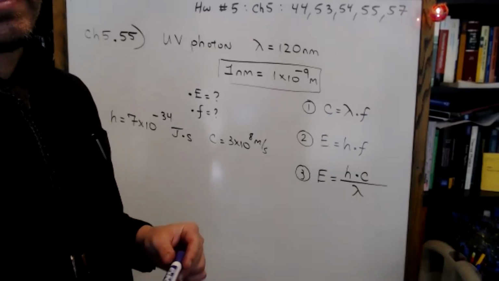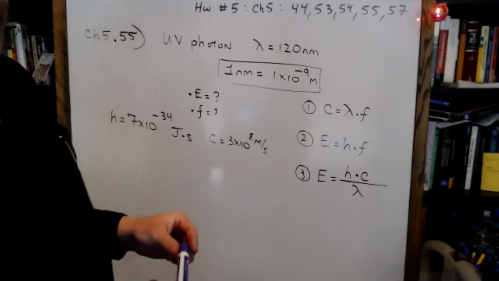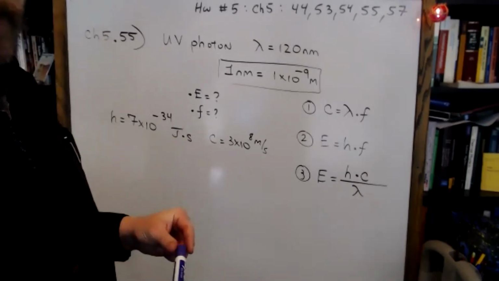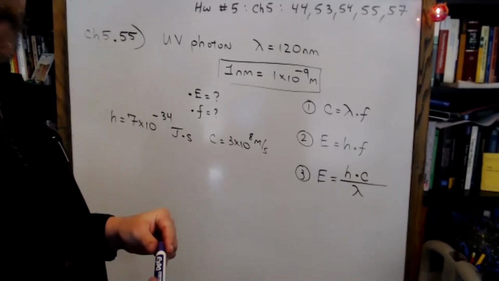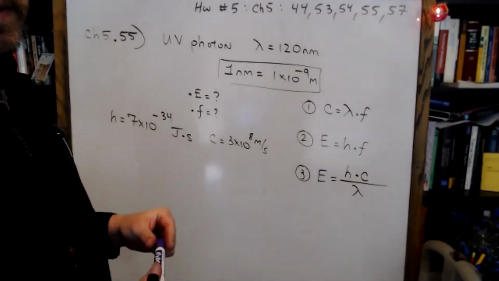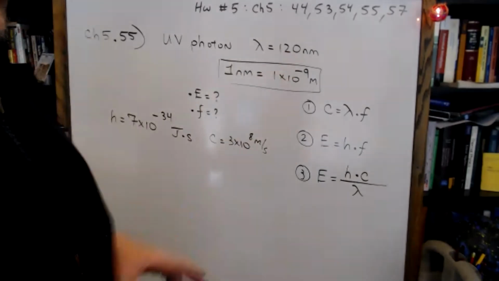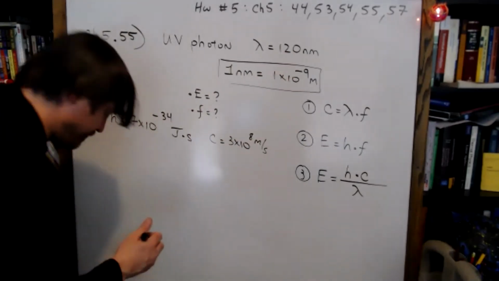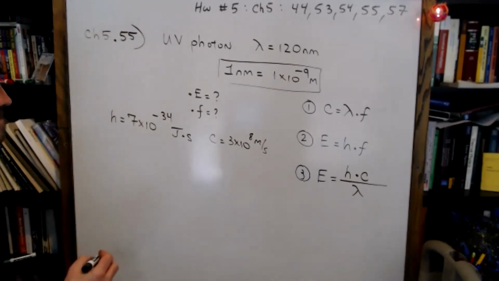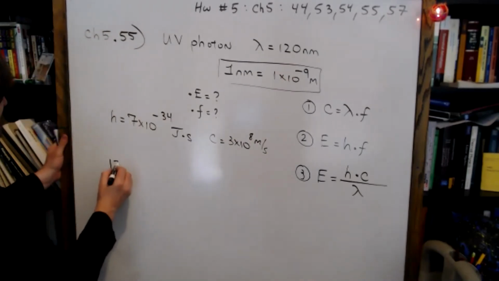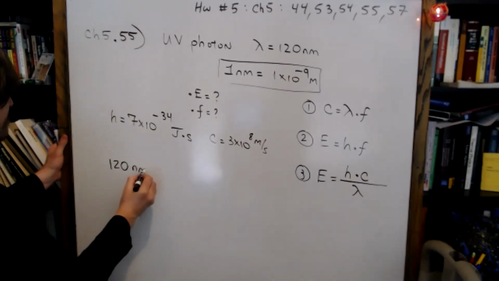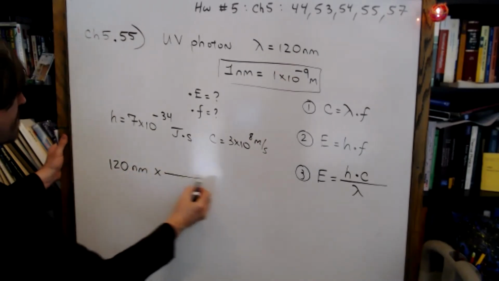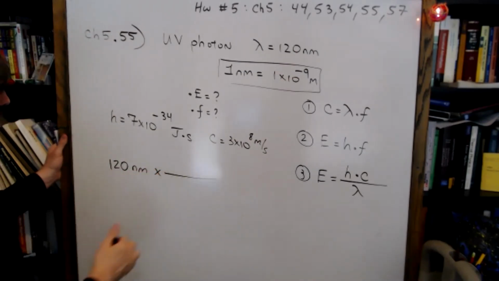Yeah. I nominate Ian to do this. Ian, you've been volunteered. All right. Help me convert 120 nanometers into meters using dimensional analysis. So we have 120 nanometers, and then times division. Units?